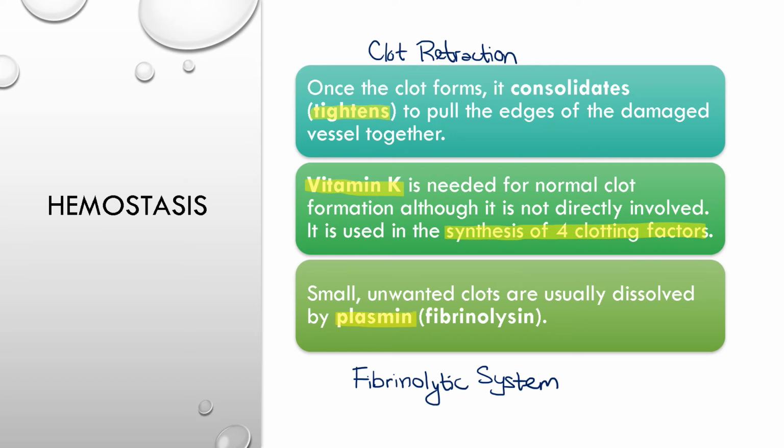So very important little pathway, very important little enzyme that we need to know about that really helps to get rid of those clots once we no longer need them, or get rid of clots in blood vessels that may come up even when they're not needed.